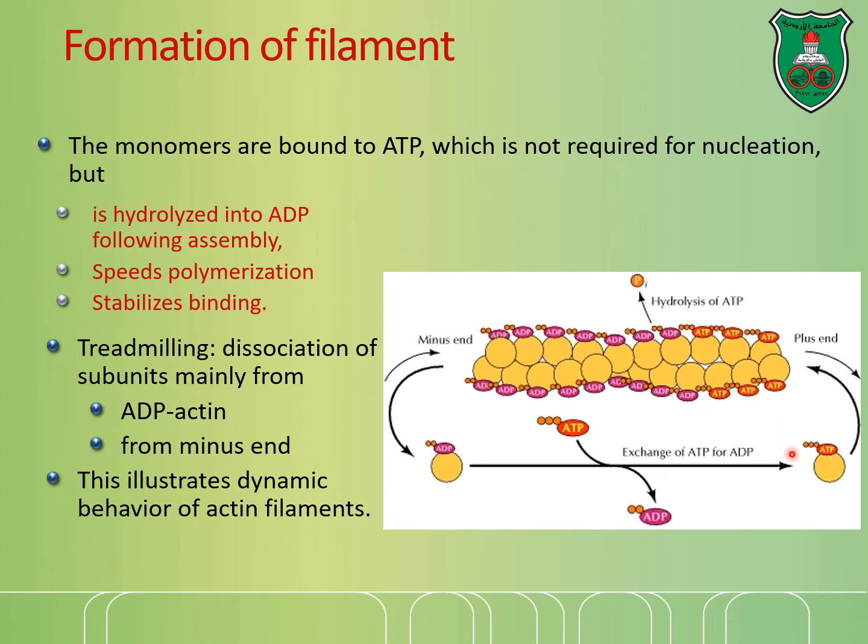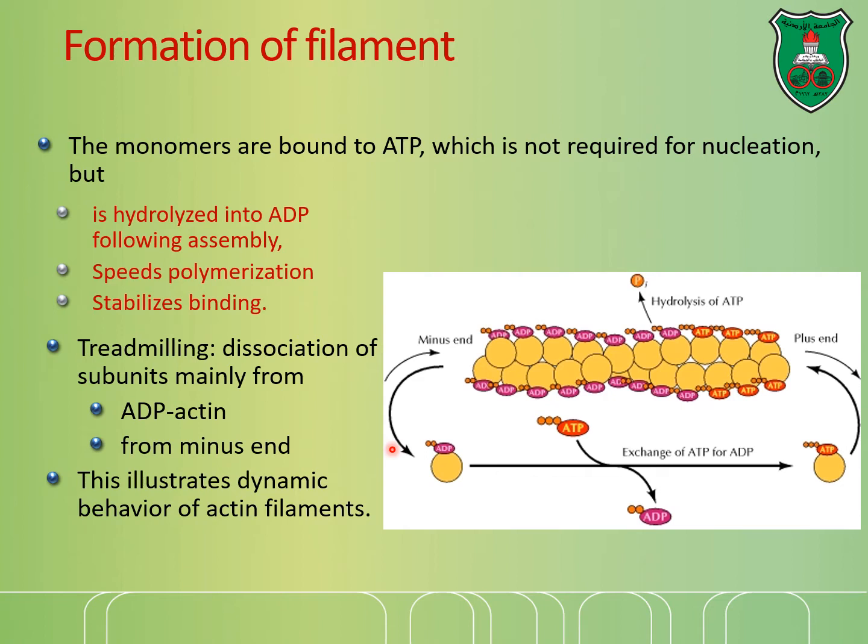Okay, so you have G-actin bound to ATP added to the plus end, more probable than its release, and from the other end, that is the minus end, the G-actin is now bound to ADP. There is a tendency for the protein to be released from the filament.